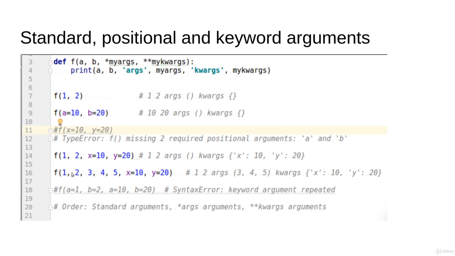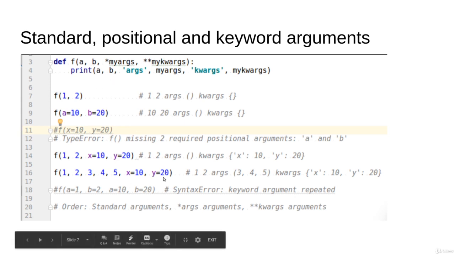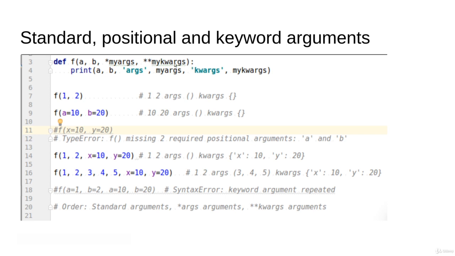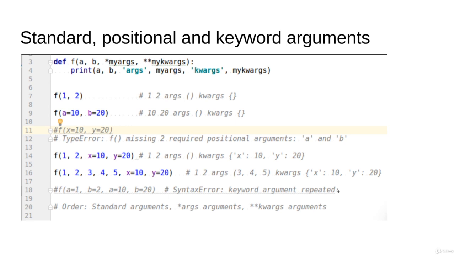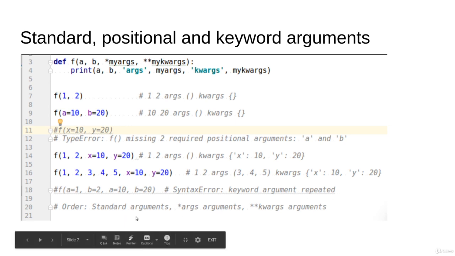Or we can have here 1 and 2 for A and B, 3, 4, 5 for args, and x and y for my keyword arguments here. You cannot do something like A and B, 1 and 2 for the first two variables, and A equal 20, B equal 20 for keyword args, because this is a repetition of keyword arguments. So overall, the order is standard arguments, asterisk arguments, and keyword arguments. So you have to respect it.